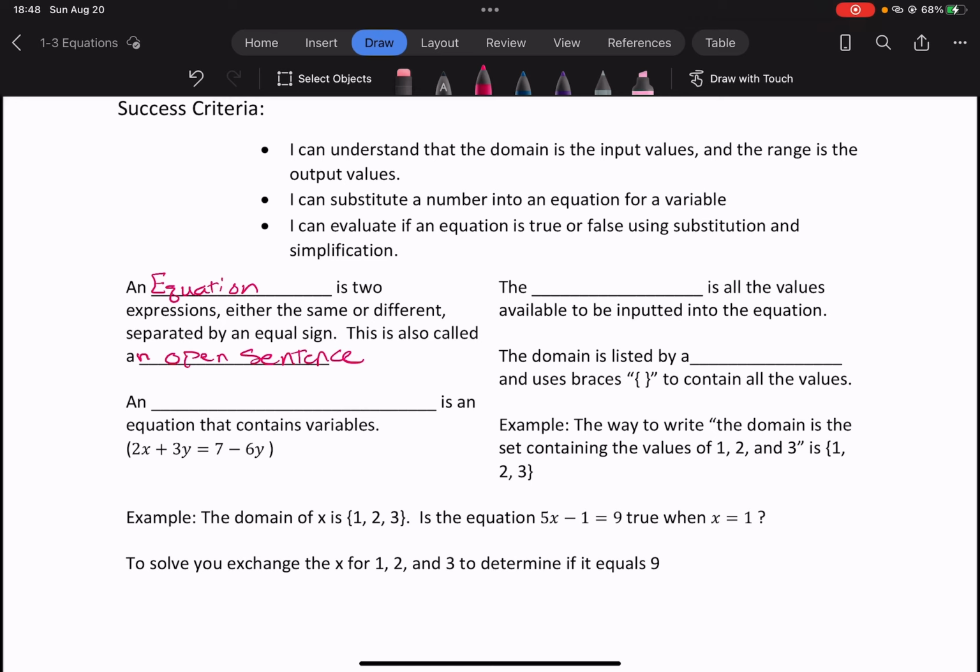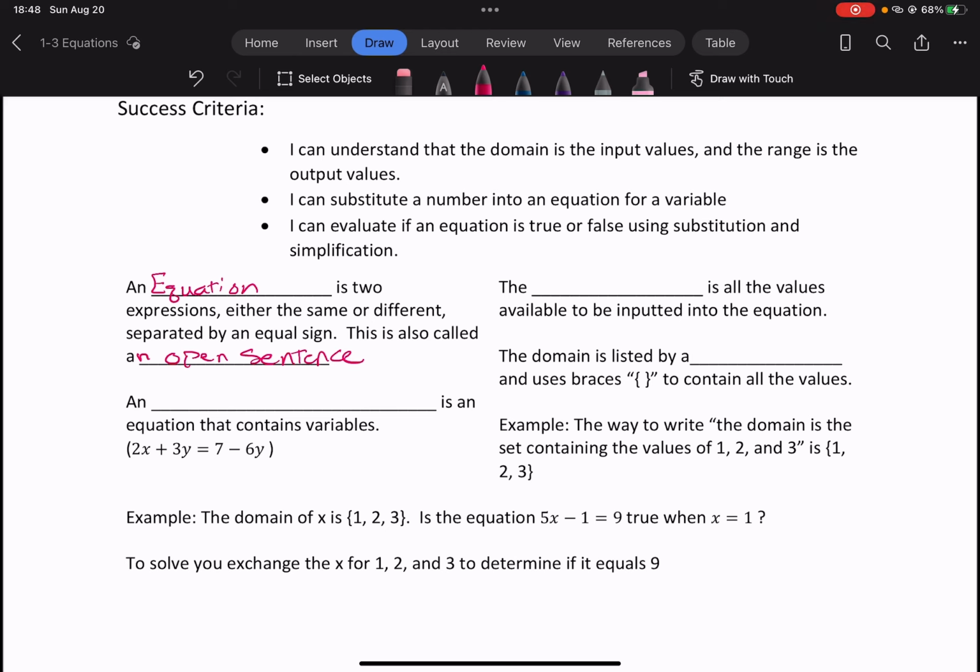So an equation basically, again, we talk about expressions, meaning it does not have an equal sign. These do have an equal sign. Equations have equal signs, and they have multiple expressions. So let's talk about this one.